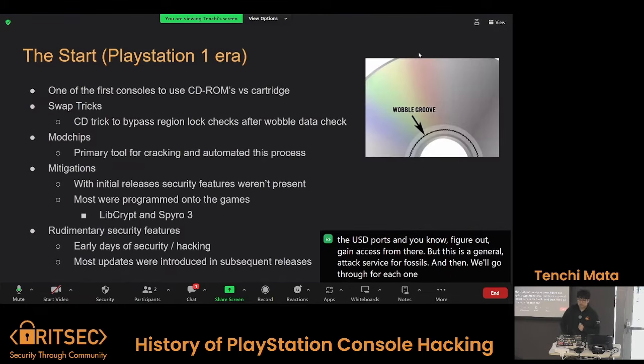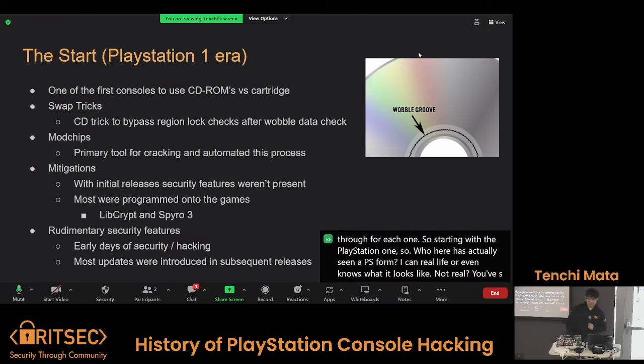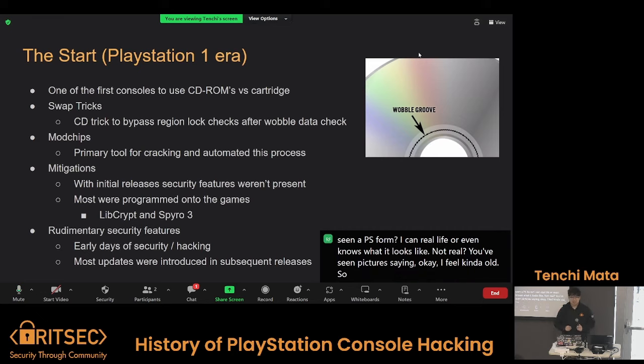So starting with the PlayStation 1 era, who here has actually seen a PS1 in real life, or even knows what it looks like? No? You've seen pictures? Dang, okay, I feel kind of old. So it's a little gray box. I intentionally didn't use PlayStation images because I don't want to get death threats.